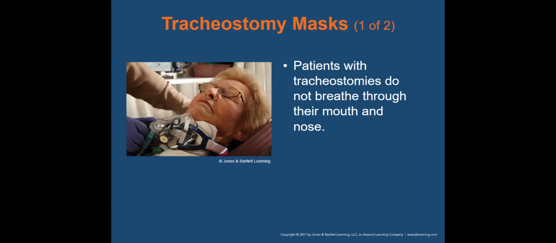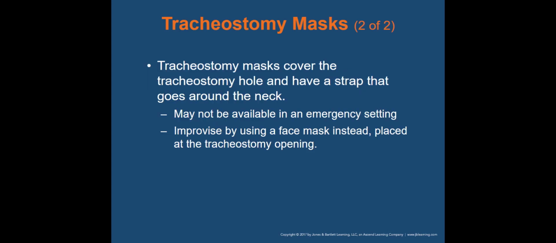A tracheostomy mask is used for patients with tracheostomies that do not breathe through their mouth and nose. Now, in the event you don't carry a specific tracheostomy mask, you can use a non-rebreather or a mid breather type mask for tracheostomy patients. That will work just fine.